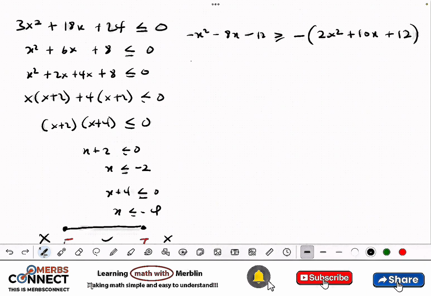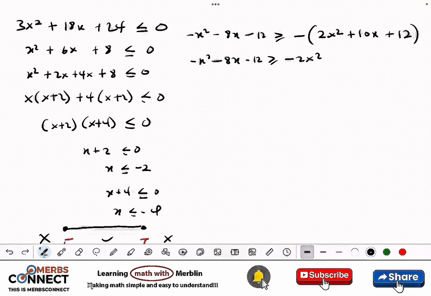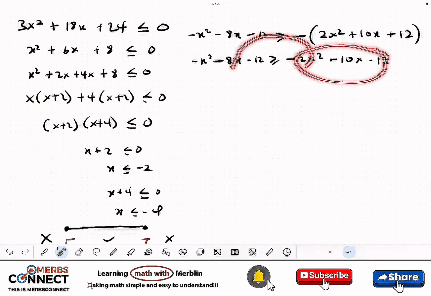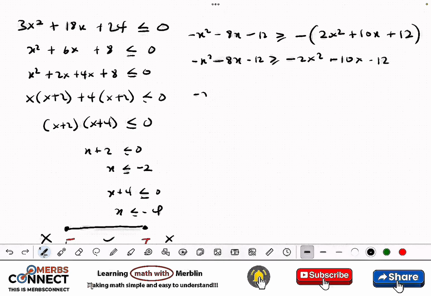We are going to have minus x squared minus 8x minus 12 is greater than or equal to. When I distribute the minus, I'm going to have minus 2x squared minus 10x minus 12. I'm going to move everything to the left side. So I'm going to have minus x squared plus 2x squared, right? When I move this one, I get 2x squared minus 8x.